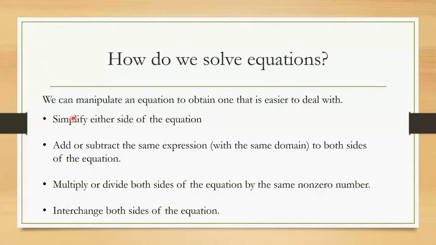Two equations are equivalent if you can obtain one from the other by using any of these operations: simplifying either side, adding or subtracting the same thing, multiplying or dividing by the same non-zero number, or interchanging both sides of the equation. If you can get from one equation to another using any of these operations, even more than one, then the equations are equivalent.